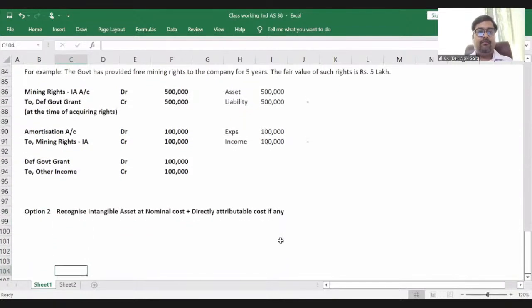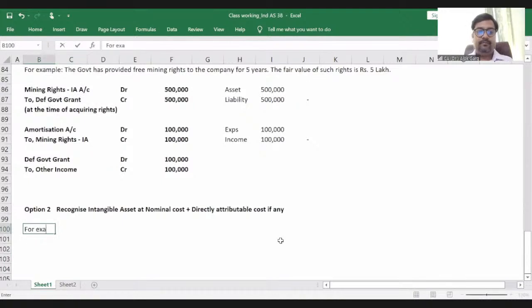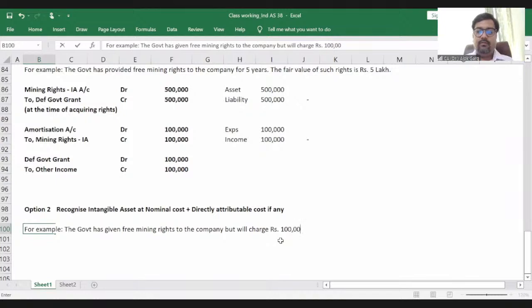For example, the government has given free mining rights to the company, but will charge Rupees 1 lakh for its registration, right?